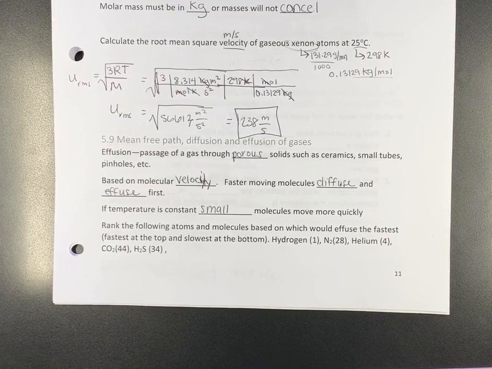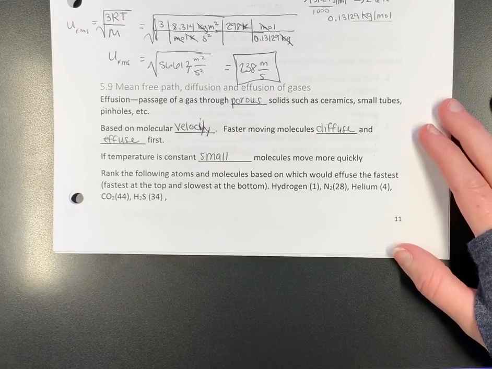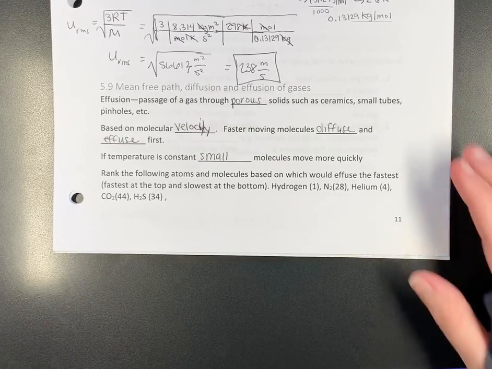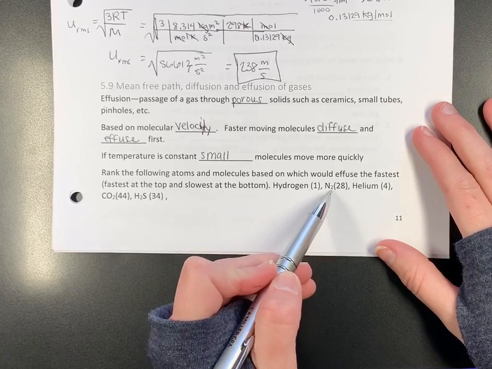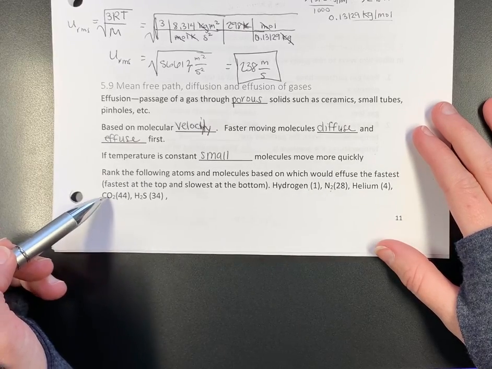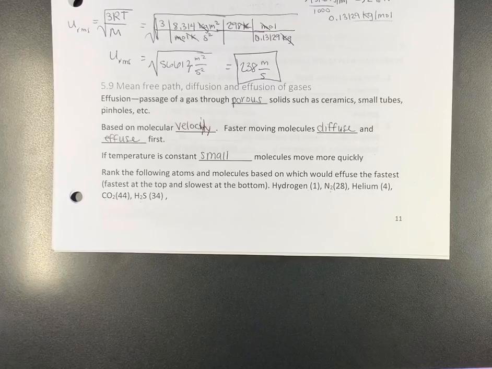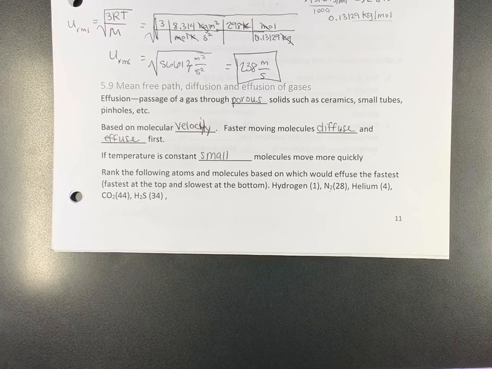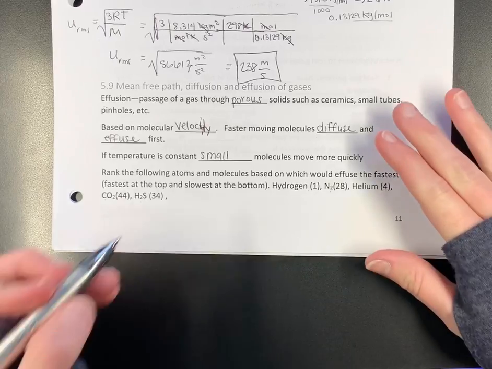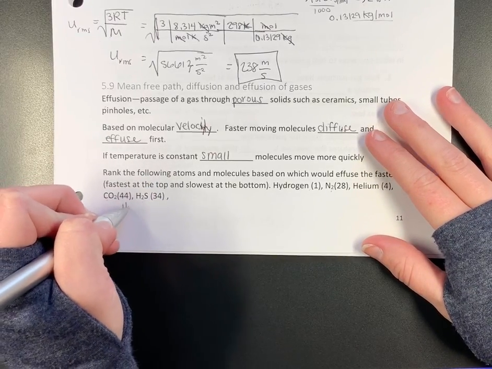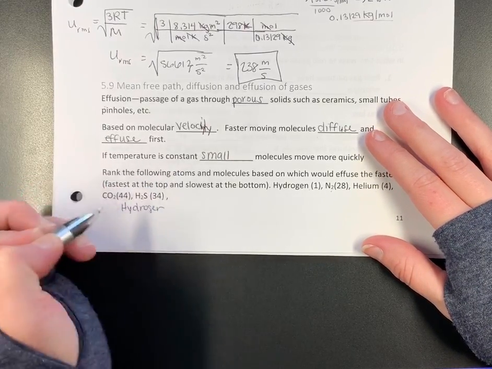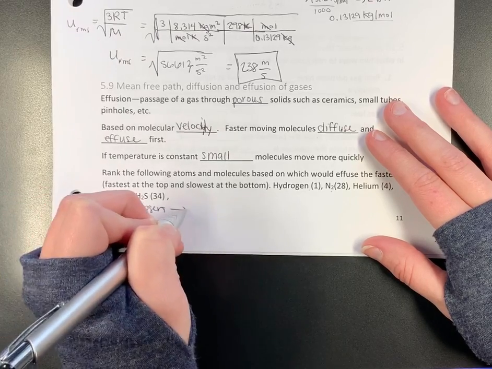All right. So let's use this principle. If we have four choices, hydrogen, nitrogen, helium, carbon dioxide, hydrogen sulfide gas, which one is going to move the fastest? These are molar masses. Hydrogen, yes, because it has the smallest molar mass. So hydrogen. Then what?